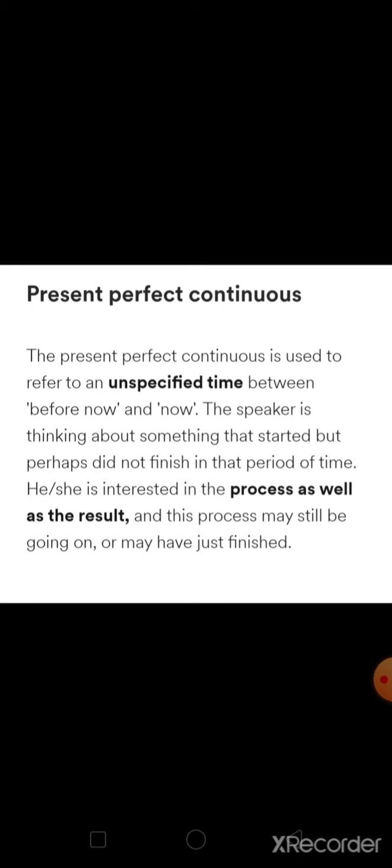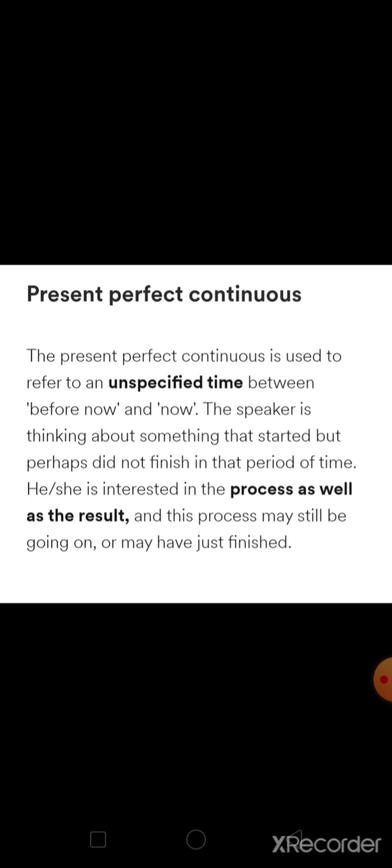He or she is interested in the process as well as the result, and this process may still be going on or may have just finished. Means that is the unspecified time. And you can see here the present perfect continuous tense is the tense in which we show the action which started in the past and is still continuing in the present, right?